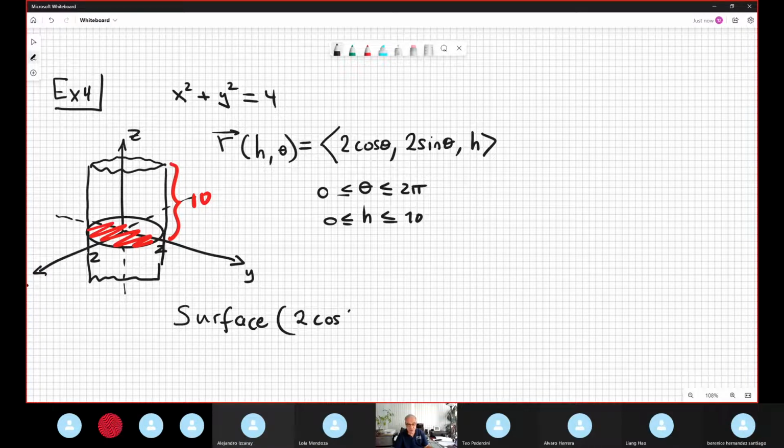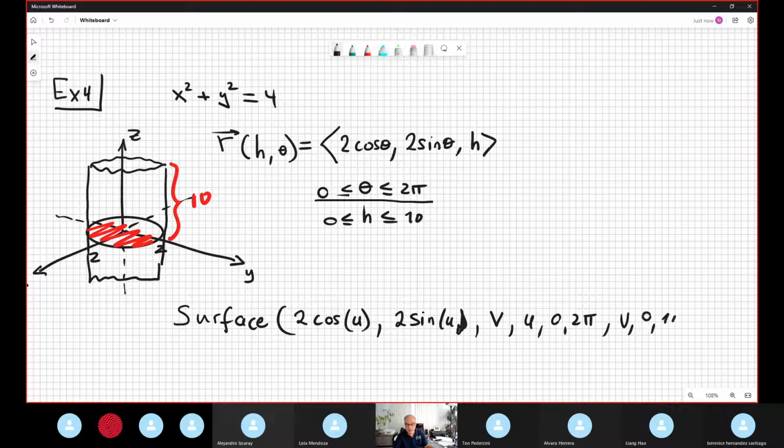But suppose in GeoGebra I never use Greek letters: 2 cosine u, comma, 2 sine u, comma, v, which is h, comma, u, which is the name of the parameter, comma, 0, comma, 2 pi. Then comma, v, comma, 0, comma, 10.